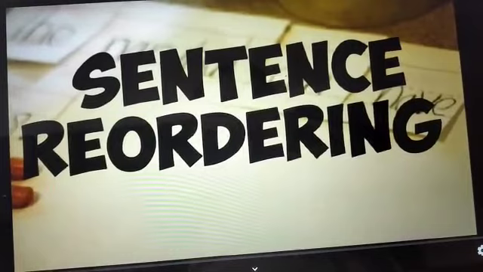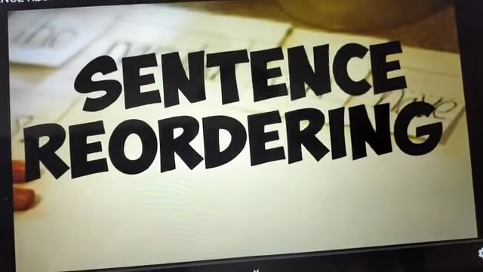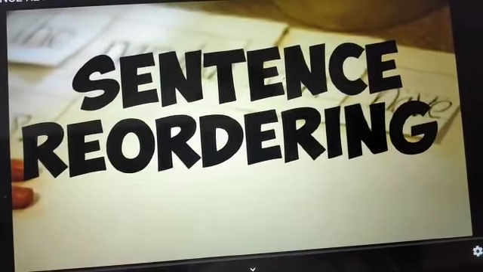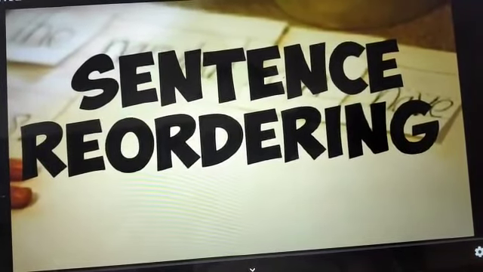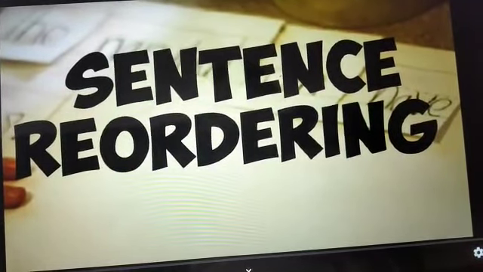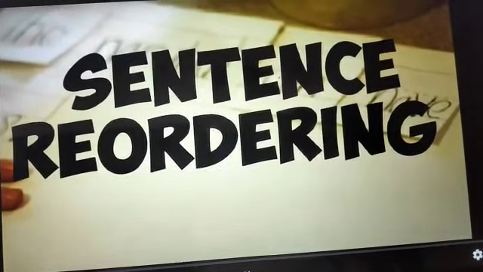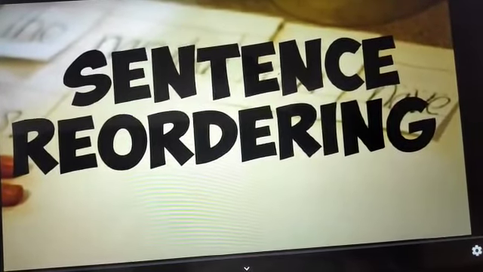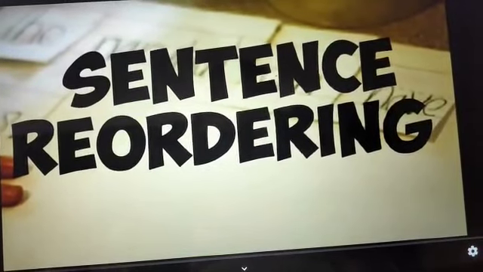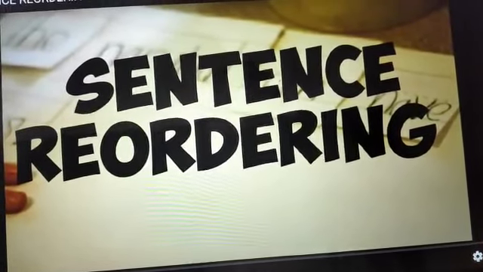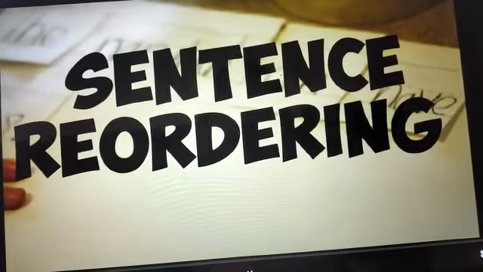There are four types of sentences. The first one is declarative, also known as affirmative, and it has two kinds: the affirmative sentence and the negative sentence. The second is the interrogative sentence, which is used to ask questions or to inquire about any information.